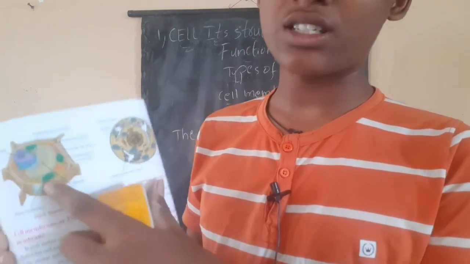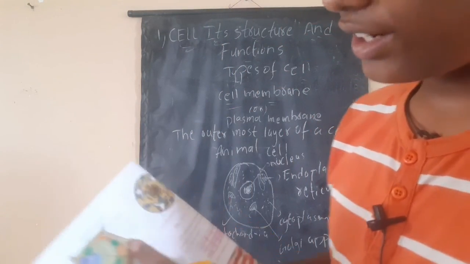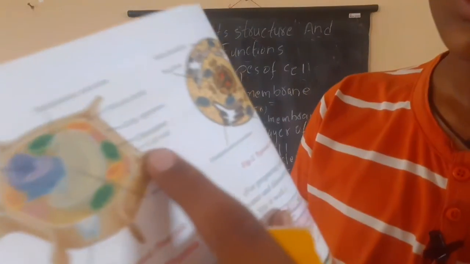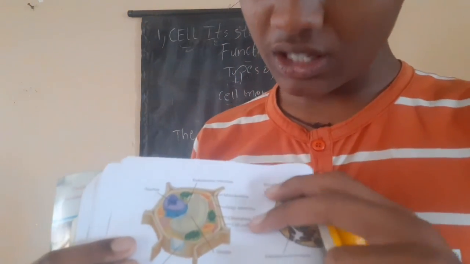Now let us see again the structure of the cell. Here this is the plant cell, and here the animal cell. Compare both cells. While comparing, we can see the cell wall here, the outermost part.